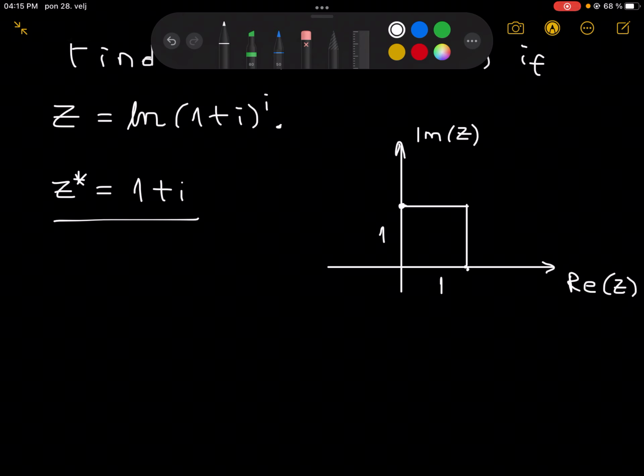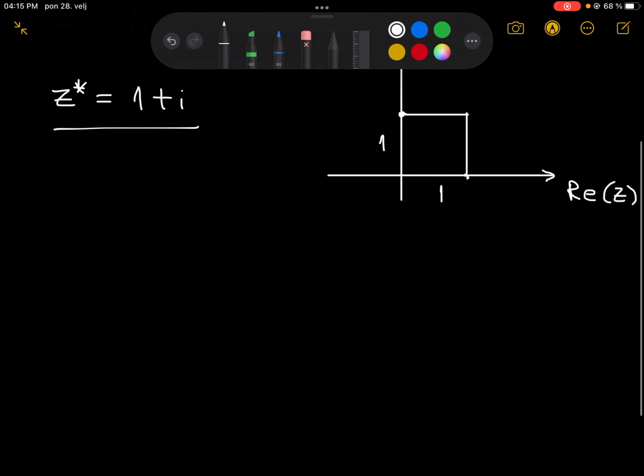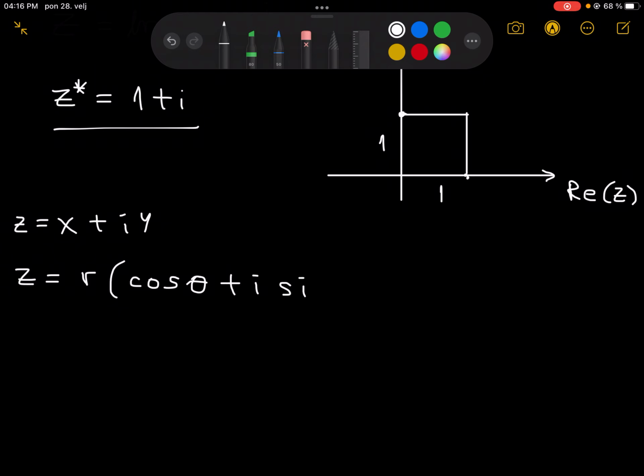and what we want to do is convert it into its trigonometric form. How do we go about doing that? The algebraic form of a complex number is x plus iy, and its trigonometric form is equal to r times cosine of theta plus i times sine of theta.